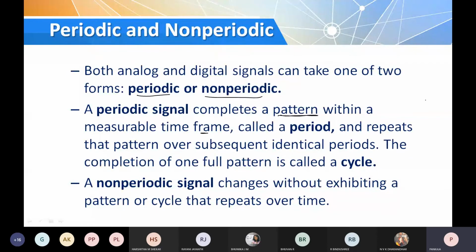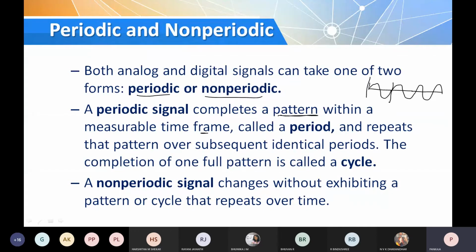That pattern may repeat over subsequent identical periods. For example, in analog, one cycle means one positive and one negative cycle. This is one pattern, and the same pattern may be repeated over a period of time. That is called a periodic signal.